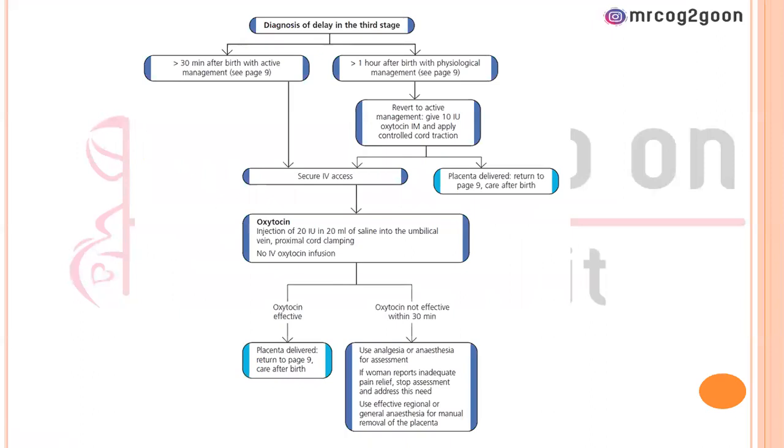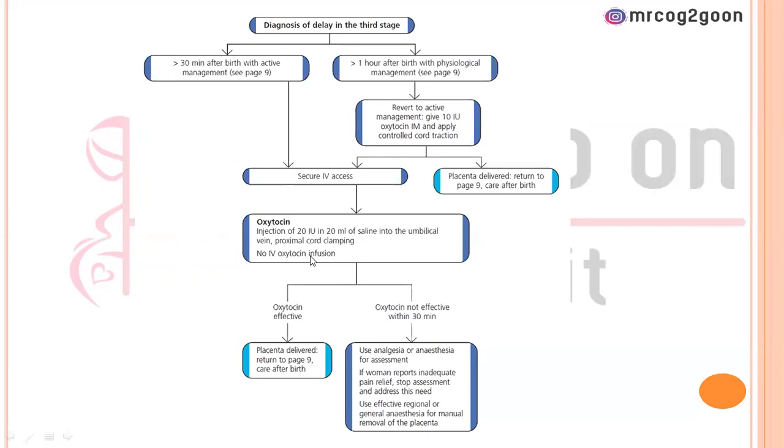Diagnosis of delay in the third stage: more than 30 minutes after active management or more than 1 hour after physiological management. If after physiological management, we will go for active management. We will also secure IV access. If the placenta is delivered, okay. If not delivered, we will go for oxytocin.